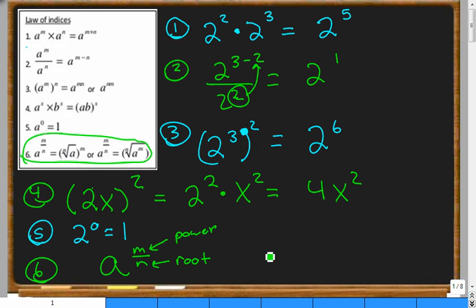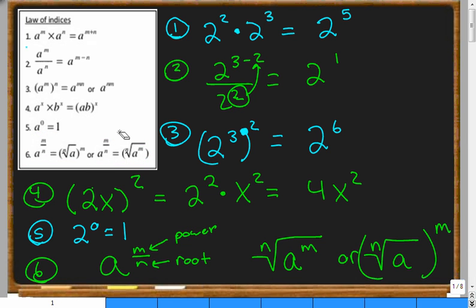You're going to have your root, which is n, and then your base to that exponent, or you could see it written like this, n to the m. The m could be on the outside or the inside. It's whatever you prefer. But whatever is in the denominator of that fraction is going to be the root, and whatever's in the numerator is going to be the power. So it's kind of like being in between regular rationals.